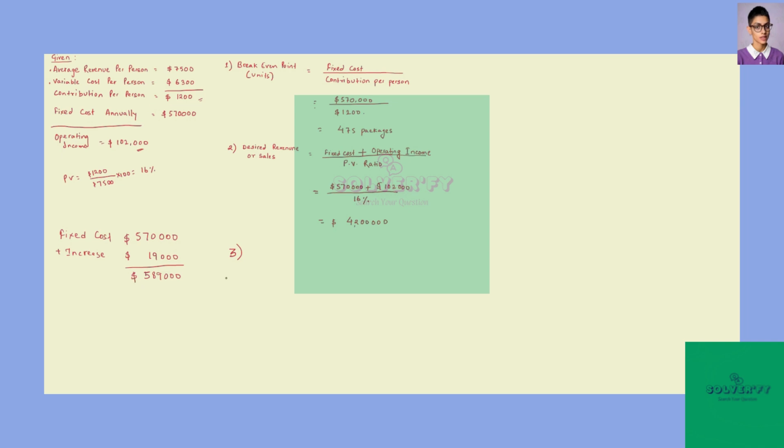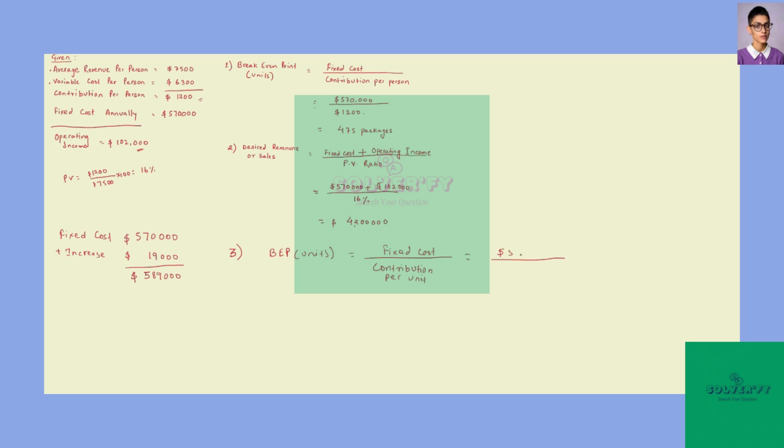So here we will first calculate the contribution needed for this amount. We know that break-even point, BEP in units, the formula is fixed cost upon contribution per unit, and as per the question, the new fixed cost has been increased by $19,000.